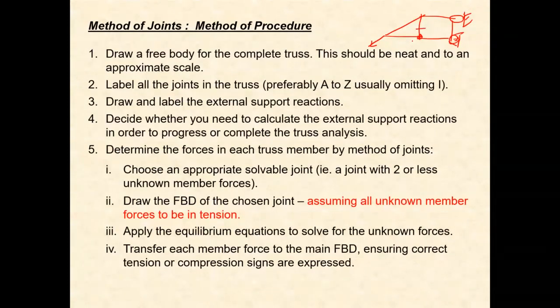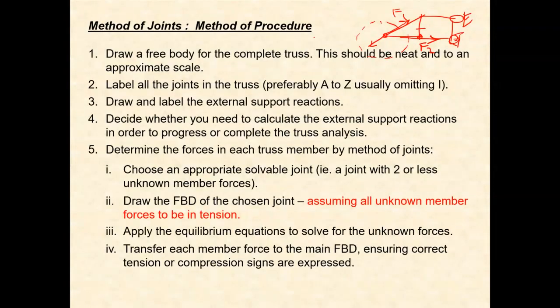If I remove that, we could then make the method of joint isolating this joint here. The force here and the force over here are F1, F2. And we know that method of joint only has two useful equations. Therefore, this problem is solvable.